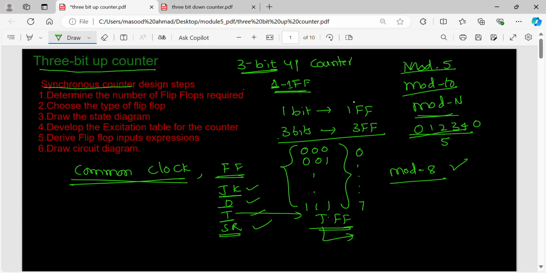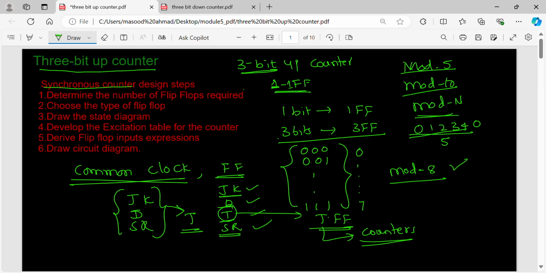This toggle flip-flop is developed for the design of counters, so your problem will be simple and easy. Even if you are using other flip-flops, JK, D, or SR, for counters we by default use the T flip-flop. Even if you use other flip-flops, we convert them into T in the process of design.